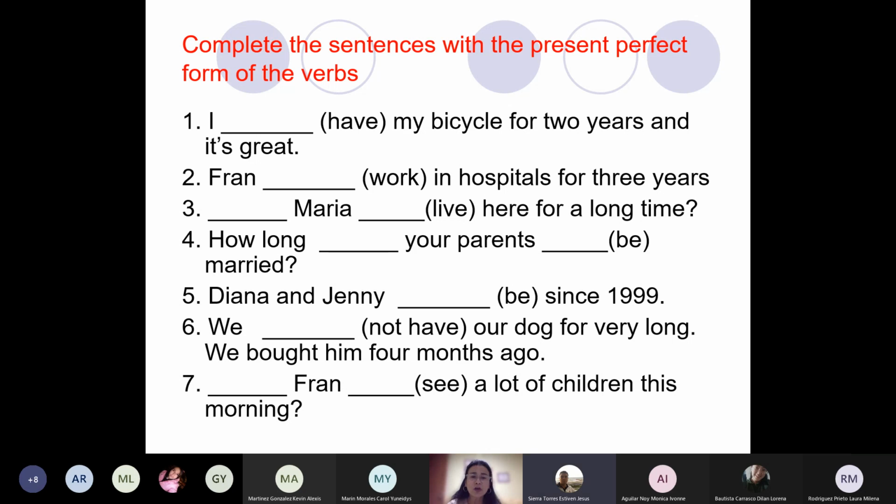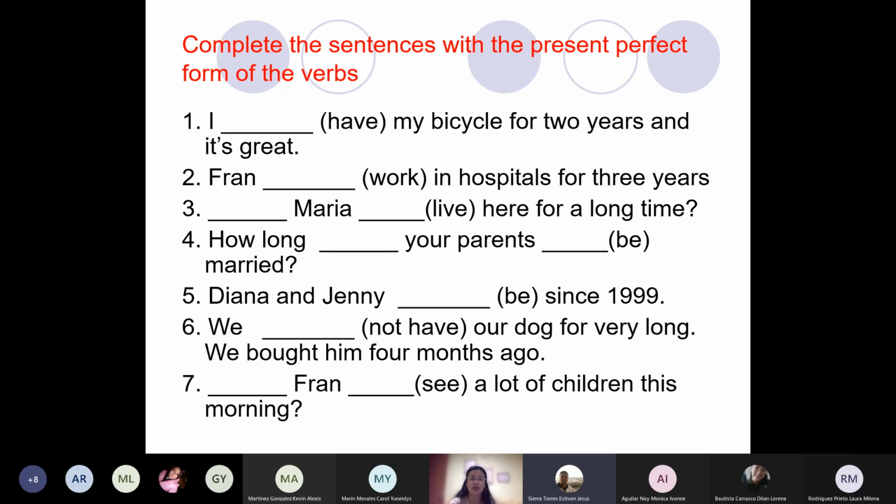How long has your parents? Has is for singular, and have is for plural. Have. Okay, repeat.